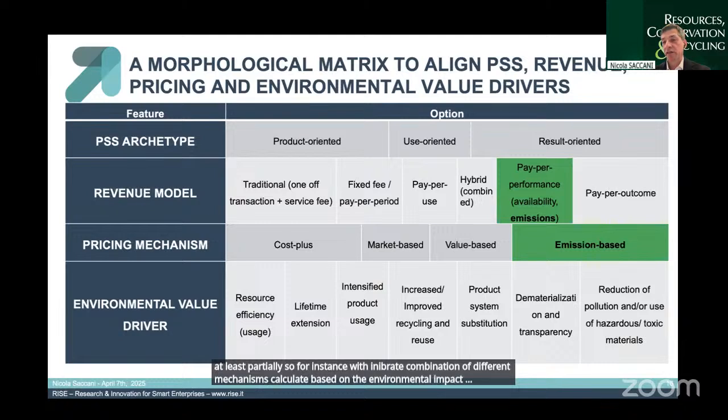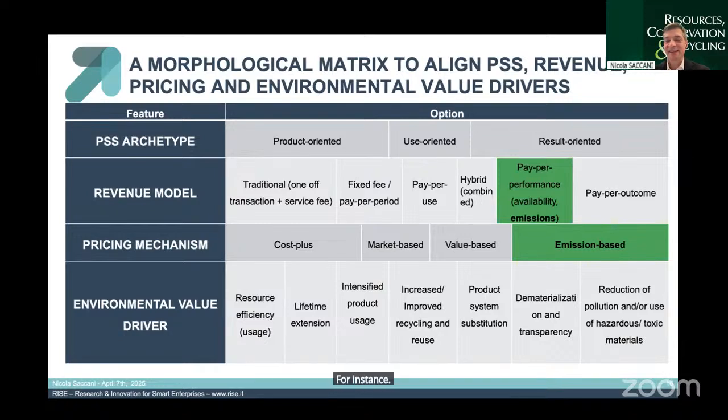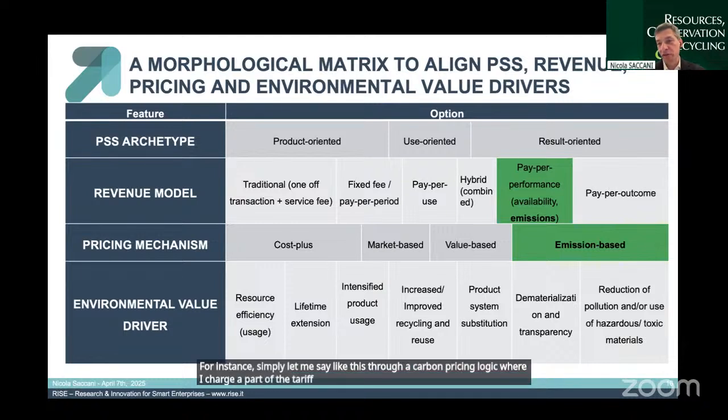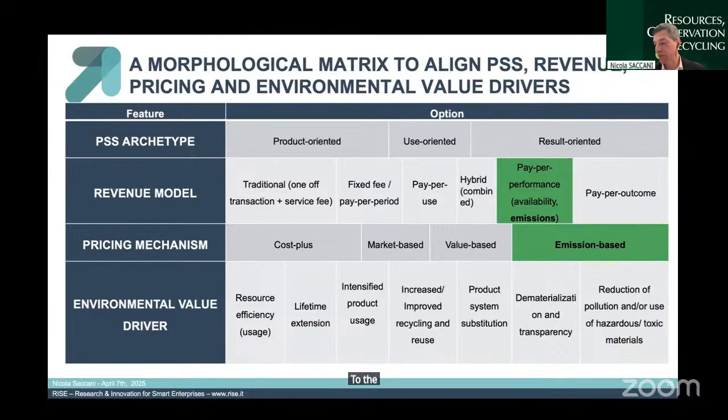For instance, simply, let me say, through a carbon pricing logic, where I charge a part of the tariff based on the emission, or on a cap-and-trade-like scheme, where again there is a pricing premium or penalty based on the overreaching of a given threshold, for instance, of the value of emissions.